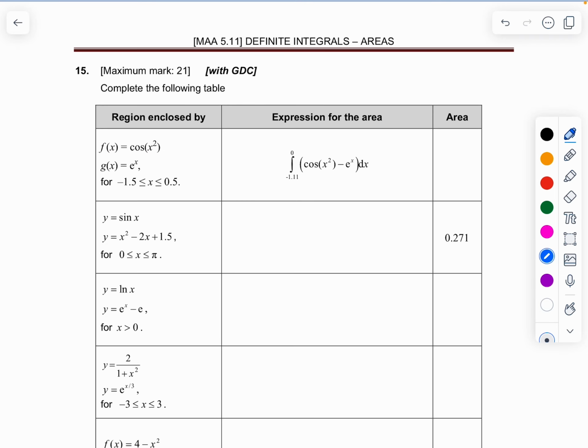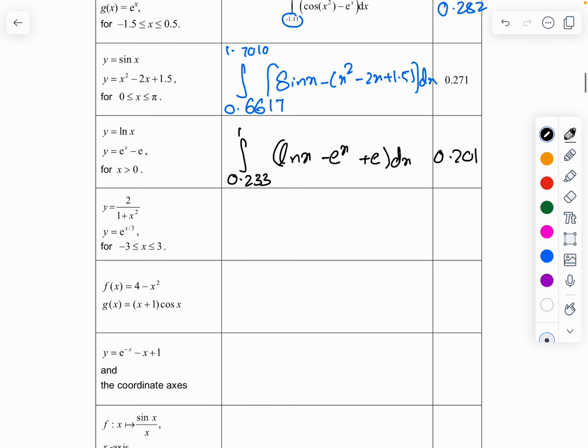Same is the case, I'm directly writing the answers over there. The limits should be 0.233 to 1, ln x minus e power x plus e dx, and your answer should be 0.201. This time the limits will be negative 1.5247 to 0.74757, then 2 upon 1 plus x square minus e power x upon 3 dx, and your answer should be 1.22.